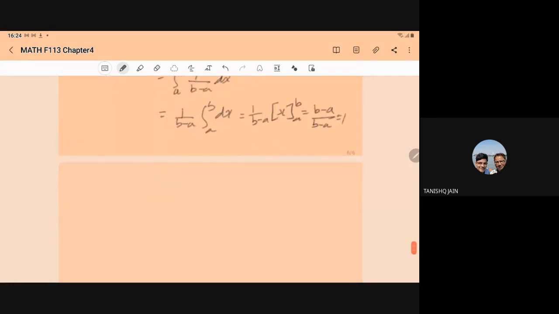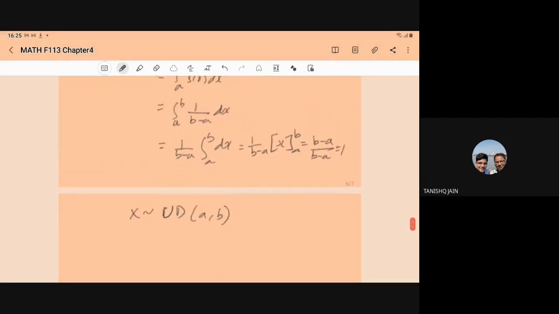So now you can say X follows the uniform distribution with parameters a and b, where a and b are the left limit and right limit of the interval, where we have the constant f(x) equal to 1 upon b minus a.